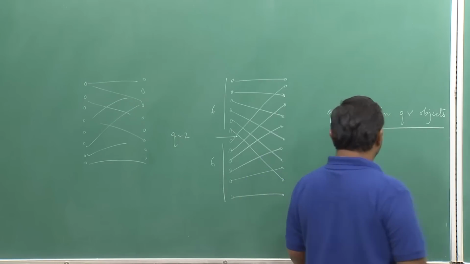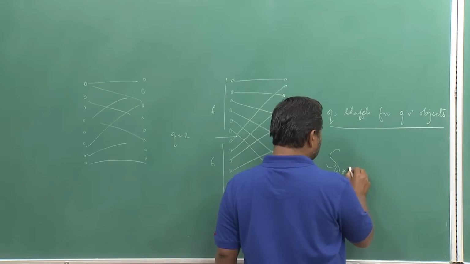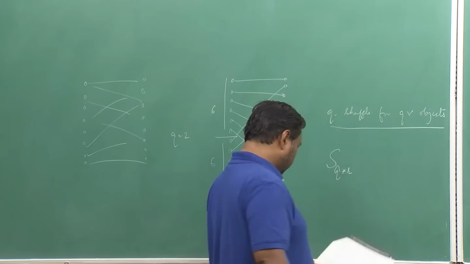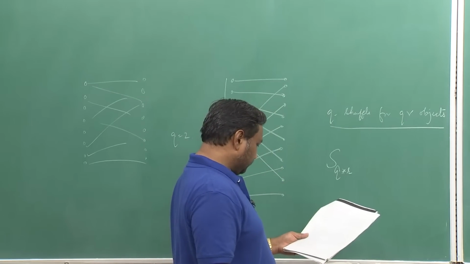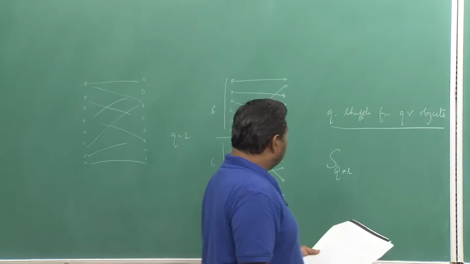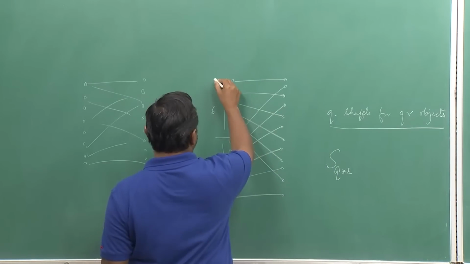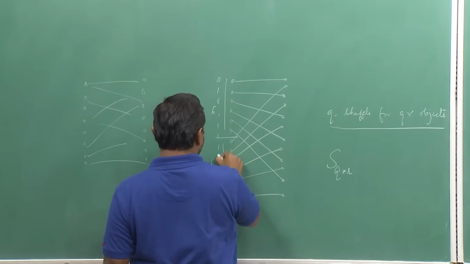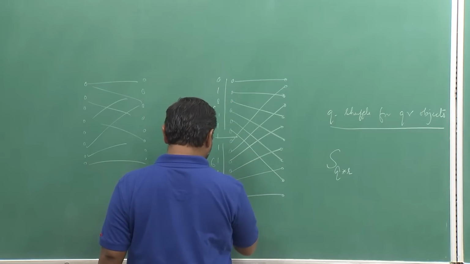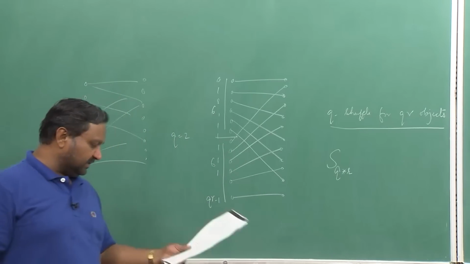We will define this Q shuffle as shuffle QR, and the entries for these QR objects will be indexed 0, 1, 2 and so on, till the last one, which will be QR minus 1.